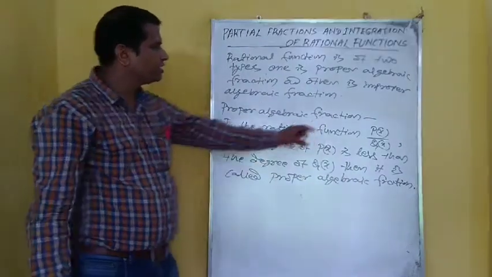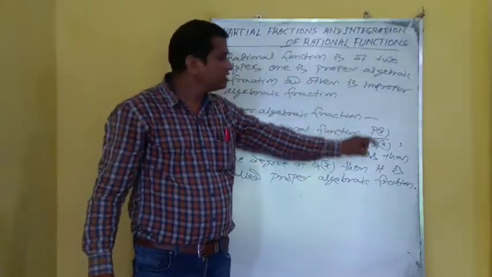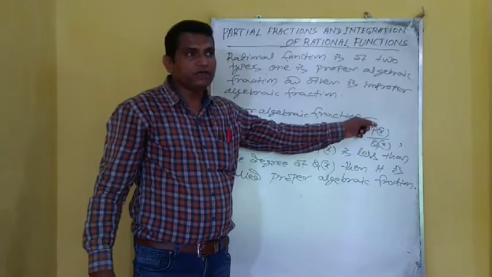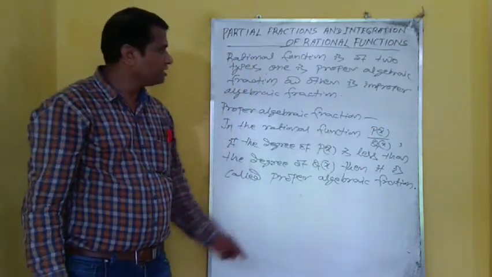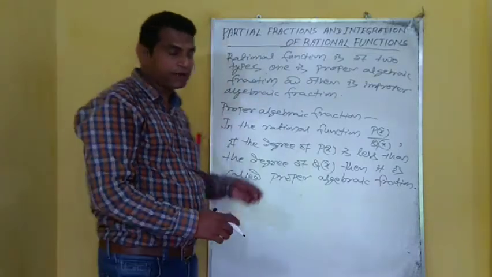Okay. If the degree of p of x, that means in the rational function, if the degree of a numerator is less than the degree of a denominator, that is called a proper algebraic fraction.